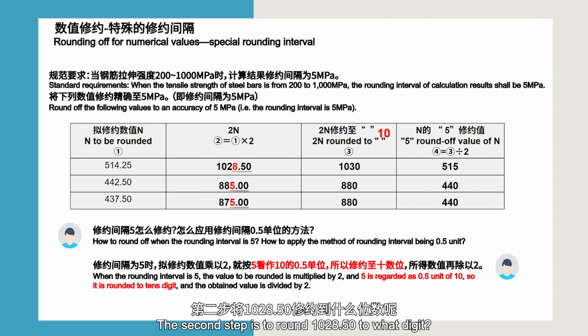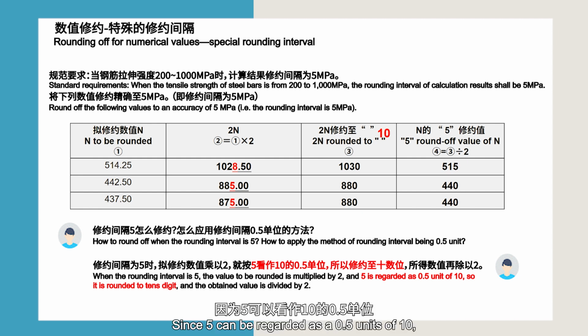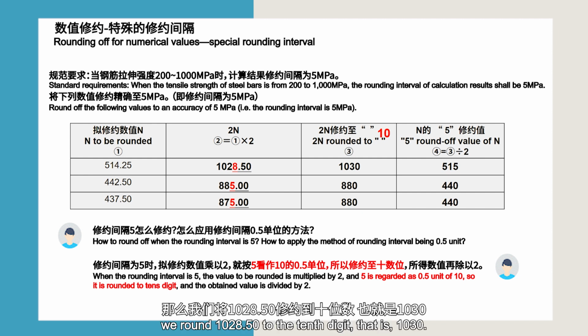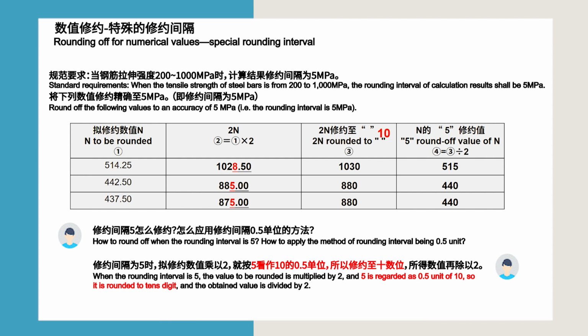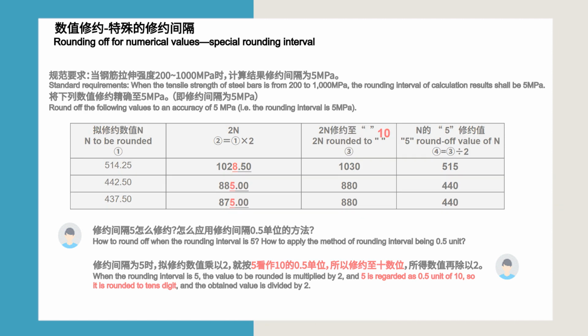The second step is to round 1028.50 to what digit? Since 5 can be regarded as 0.5 units of 10, we round 1028.50 to the tens digit, that is 1030. In the third step, 1030 divided by 2 equals 515, and so on for subsequent data.